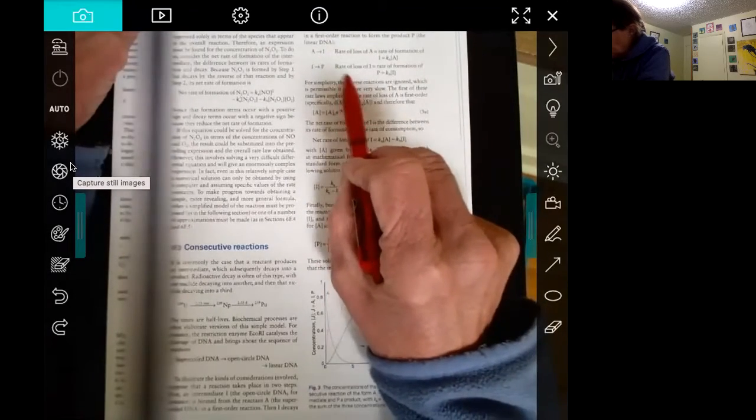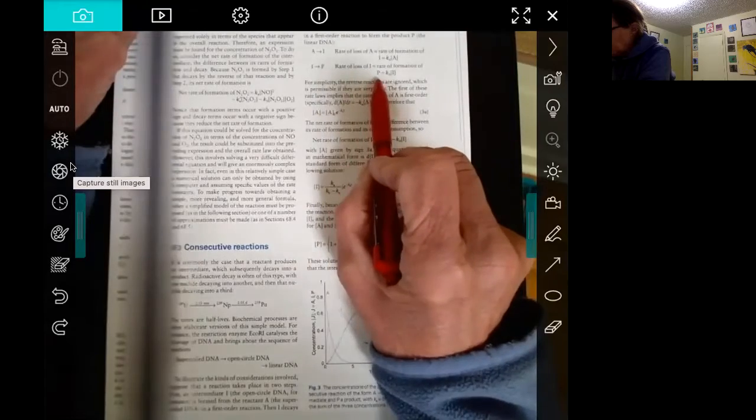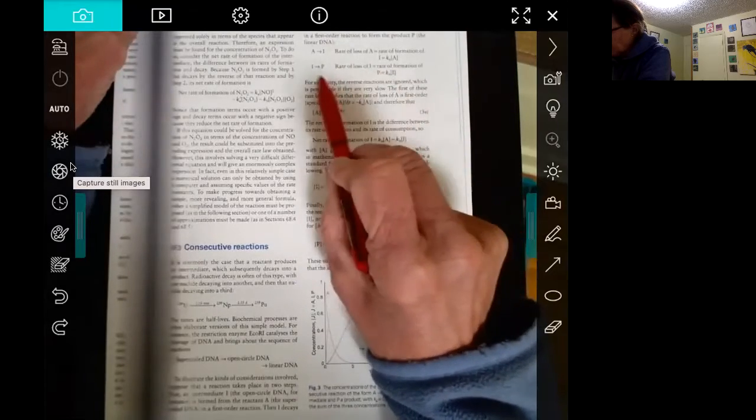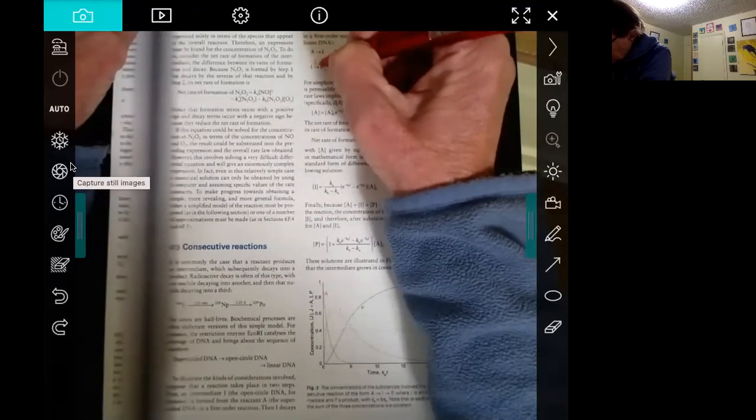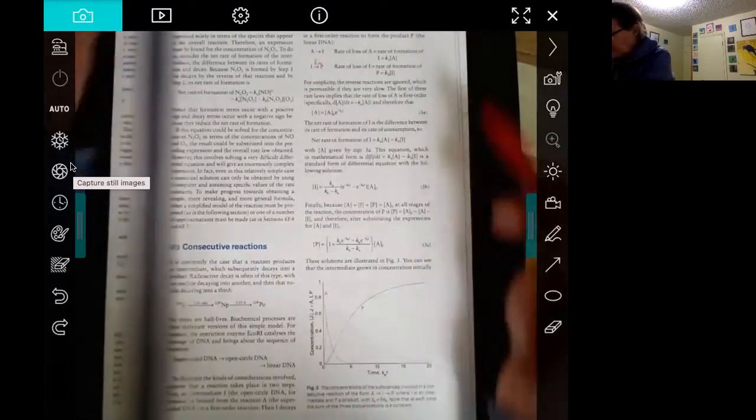And then in this step, the rate of loss of I is equal to the rate of formation of the product. So it equals Kb, a different rate constant, times the concentration of I.